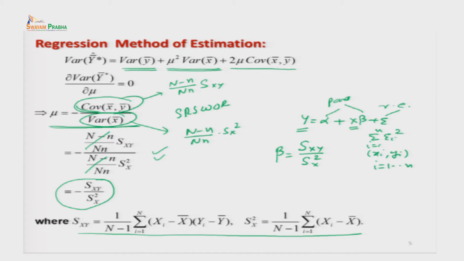So this is the value of the slope parameter in the population.